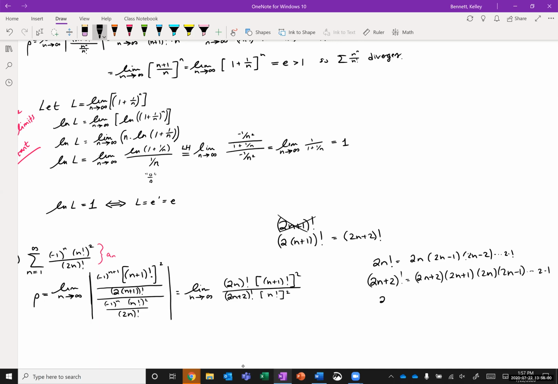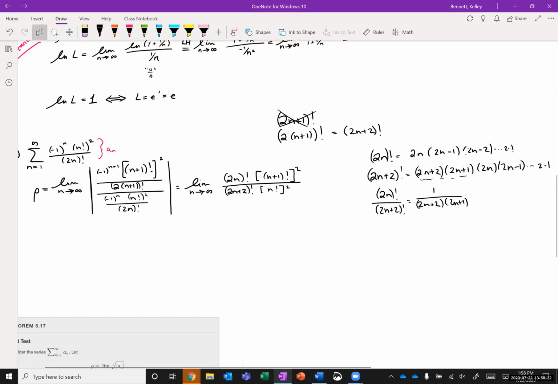So when I cancel these out, everything's going to cancel except for these two guys here. So I just get 1 over (2n+2)(2n+1). So that's the first piece: 1 over (2n+2)(2n+1).